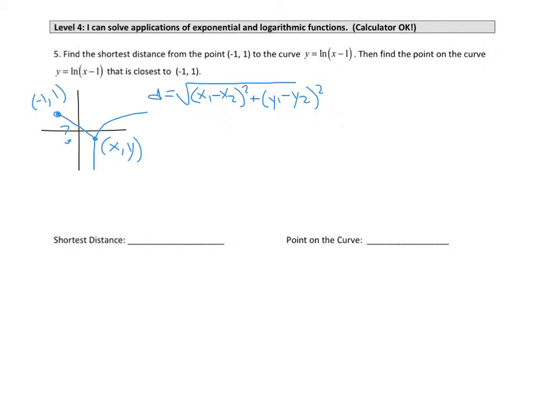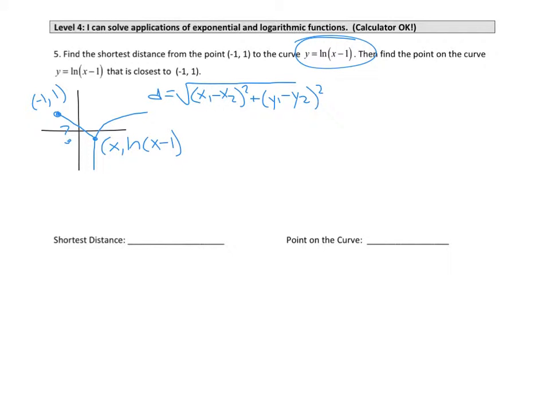We only want one variable, so we need to replace that y with an expression for y in terms of x. And since that unknown point is somewhere on the graph of the natural log of x minus 1, we can replace y with the expression natural log of x minus 1.